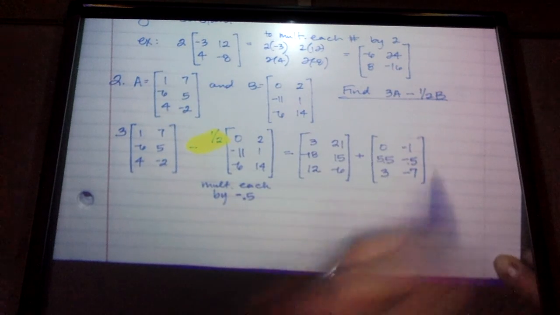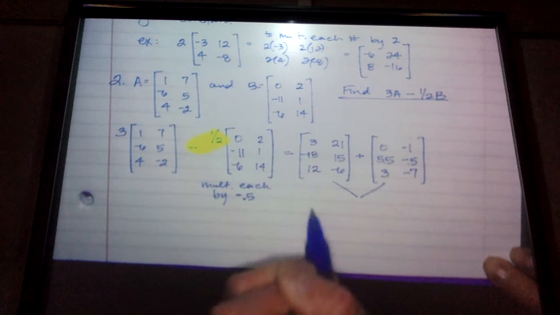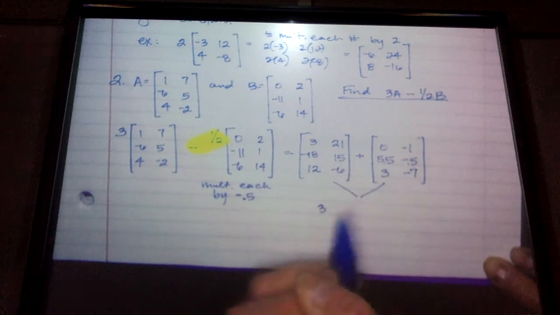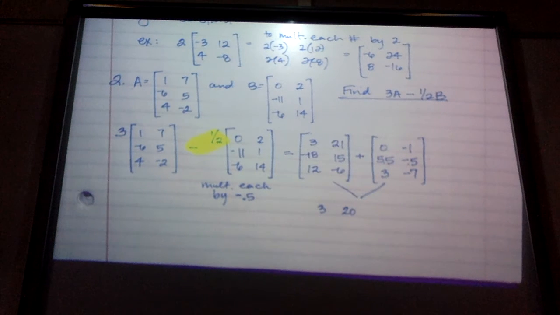Now I'm going to add these two matrices together, and I get 3 plus 0 is 3. 21 minus 1 is 20. Negative 18 and 5.5, that's going to take a little work, right? So hold on.